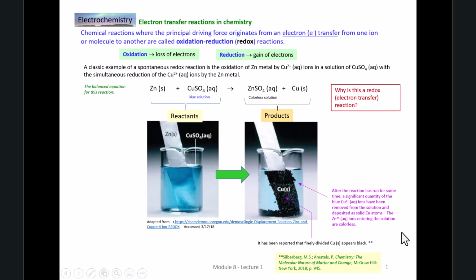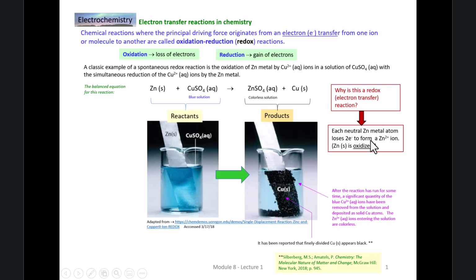So we could ask, why is this a redox reaction or an electron transfer reaction? Well, let's look at what's going on. We started out on the left in the reactants with neutral zinc metal atom, and on the right, after the products are formed, the zinc has a 2+ charge. It's a zinc ion in solution.